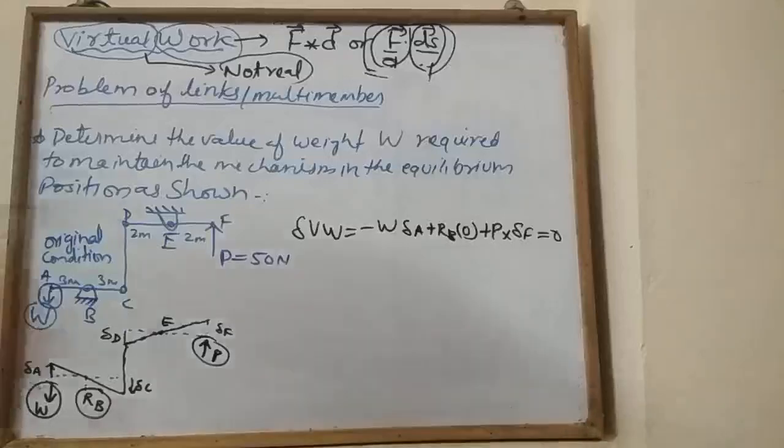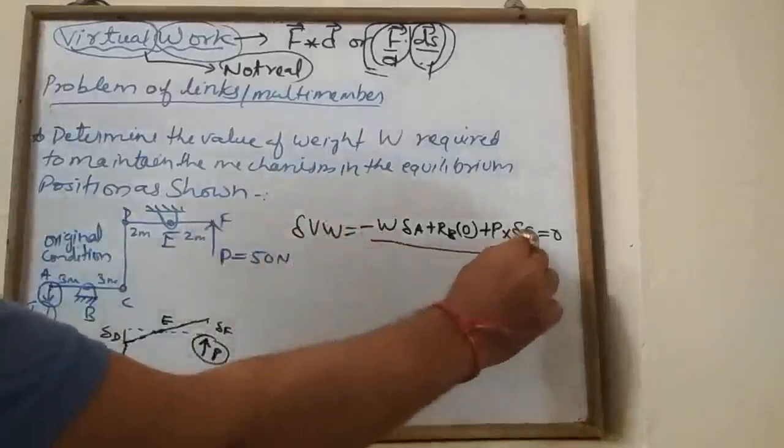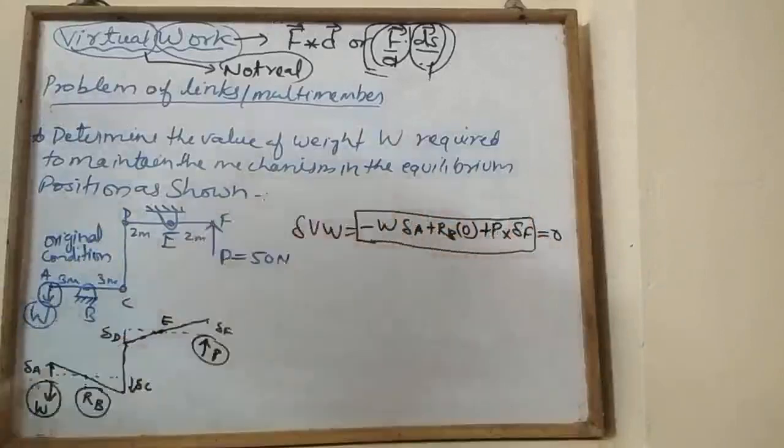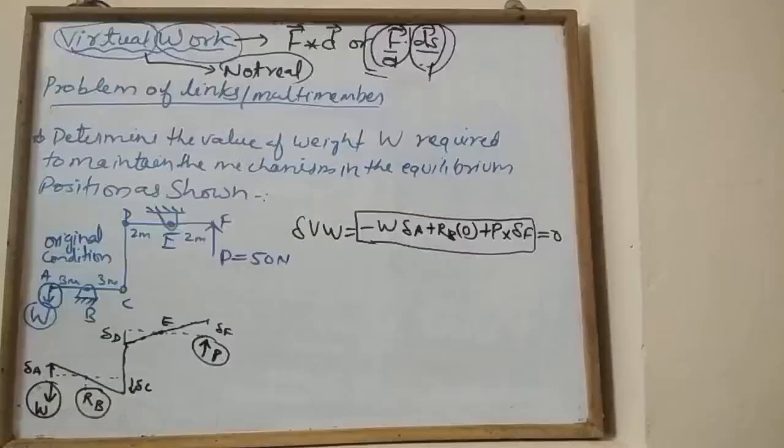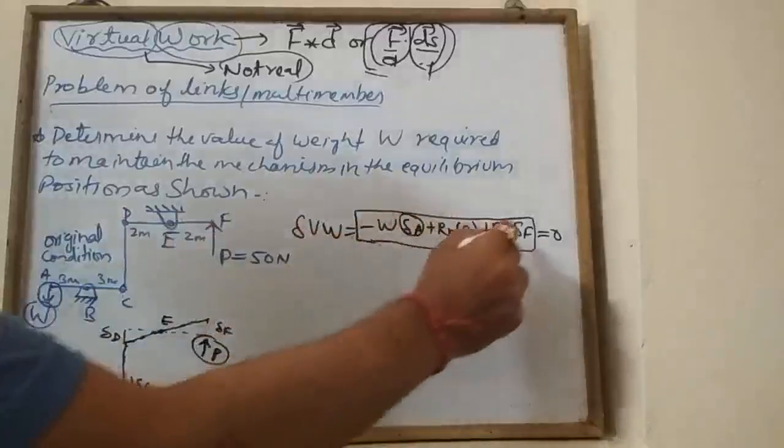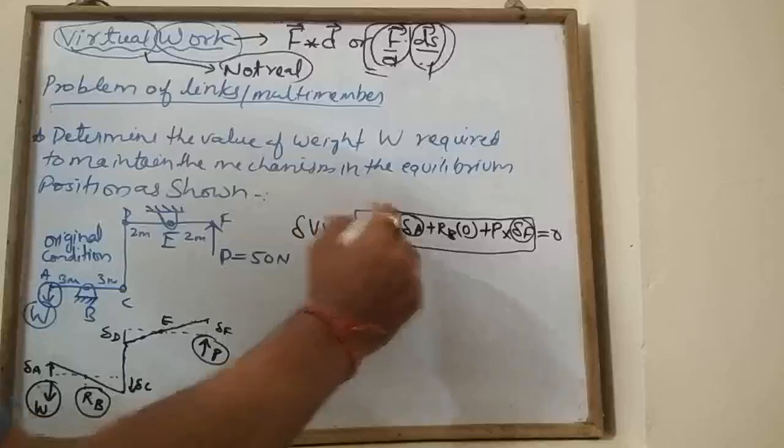Now this is the equation. If we calculate delta A and delta F, we can calculate W.